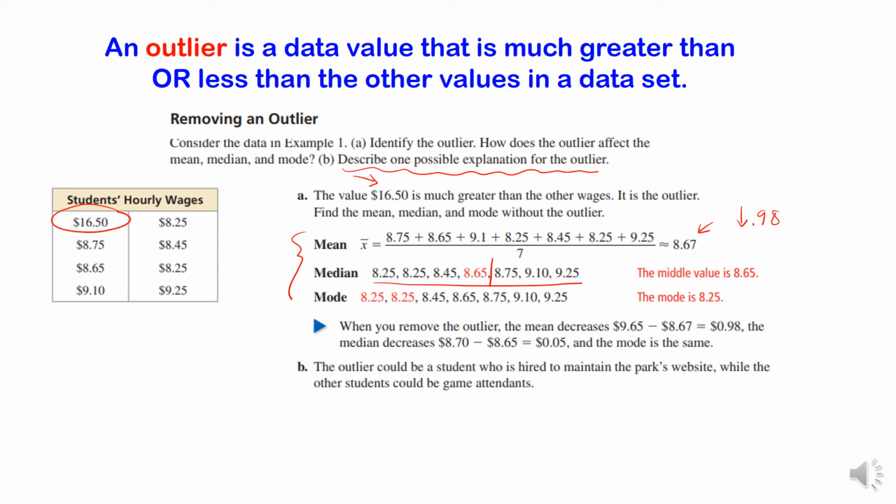The median is still close, and the mode is not affected because it's still the most popular. So notice that when you get rid of an outlier, often it makes your data more symmetrical, which means you would now use the mean as your center of measure. So it just depends on how much it changes it, but you want to make sure that if the mean and median are very close, that you use the mean.